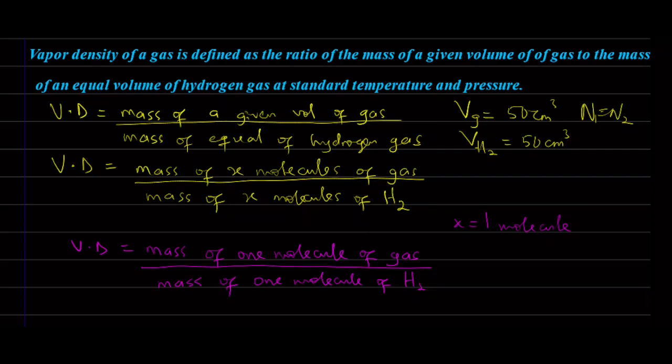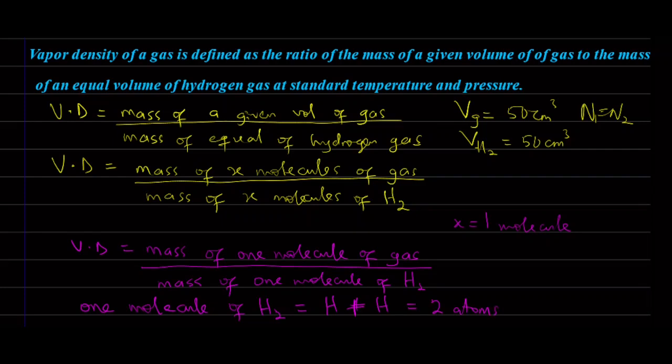That means one molecule of hydrogen gas is formed by two atoms, that is H plus H. That's a homonuclear molecule. Since it is diatomic in nature, two atoms form one molecule of hydrogen gas.